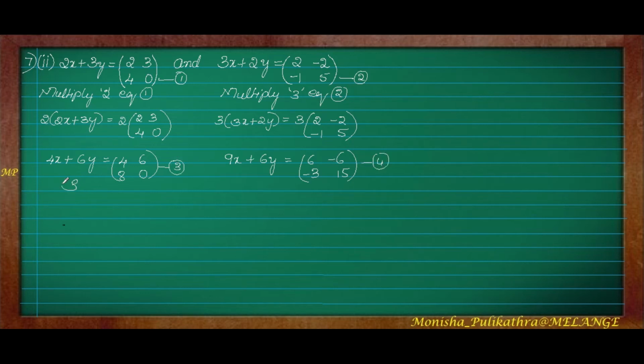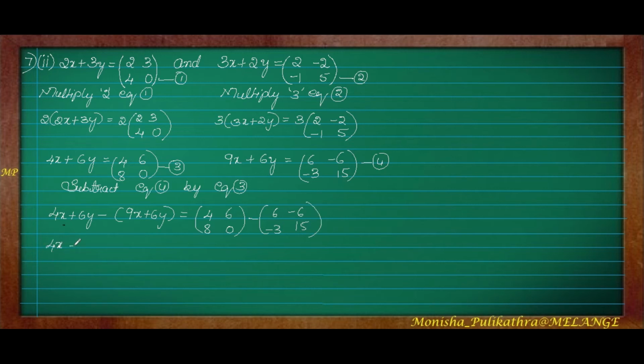Now what we have to do is subtract equation 4 from equation 3. First we need to write this equation. So 4x plus 6y minus 9x plus 6y is equal to [4, 6; 8, 0] minus [6, -6; -3, 15].